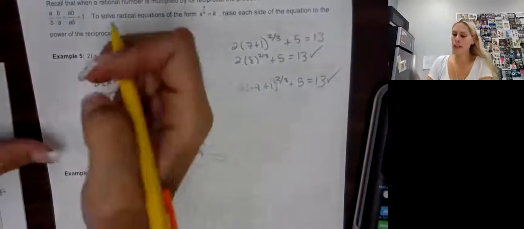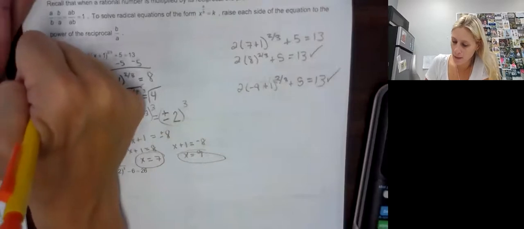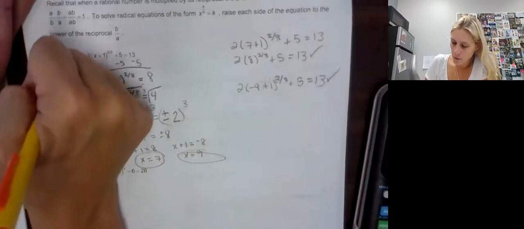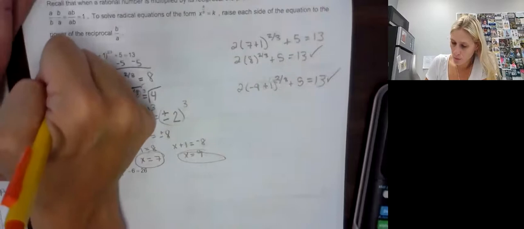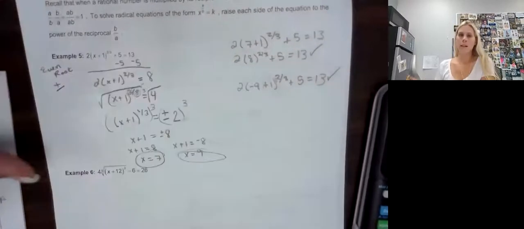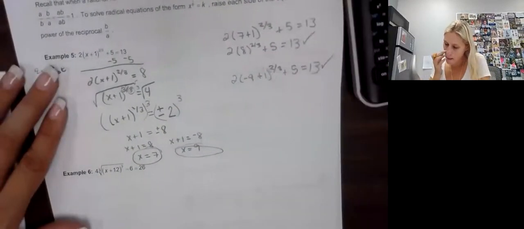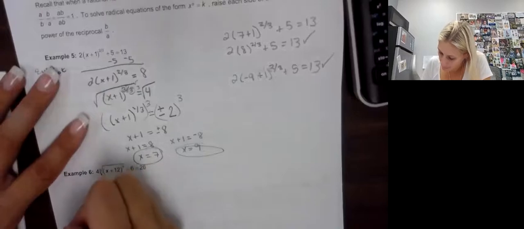Okay, so on example 5 here, remember that when we're taking an even root, it's plus minus. Okay, here in this case, I'm going to add 6 to both sides.